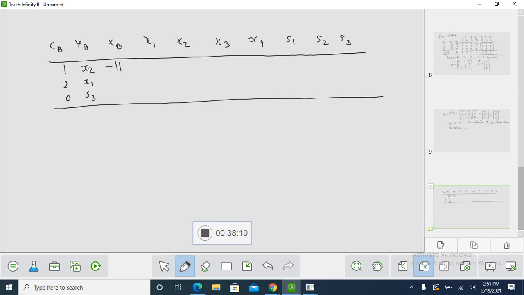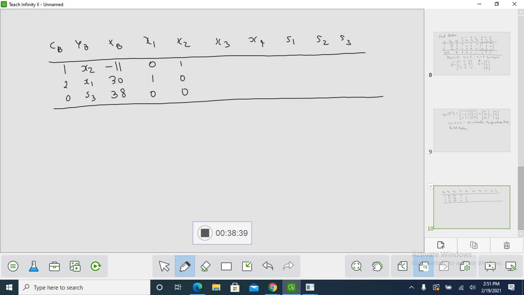So what should I do? X2 we have changed. After changing that, what happens to the XB column? They are having X2 is minus 11, X1 30 and X3 is 38. So this totally we change: minus 11, 30, 38. Other than this, all other entries you retain as such and solve the problem. So you will have 0, 1, 0 and then 1, 0, 0.